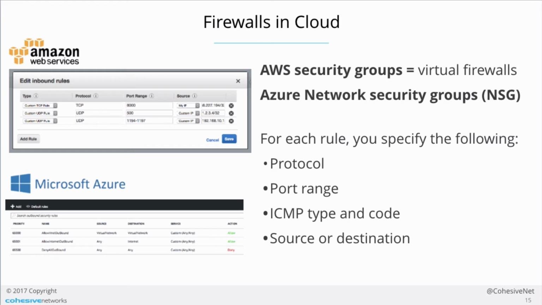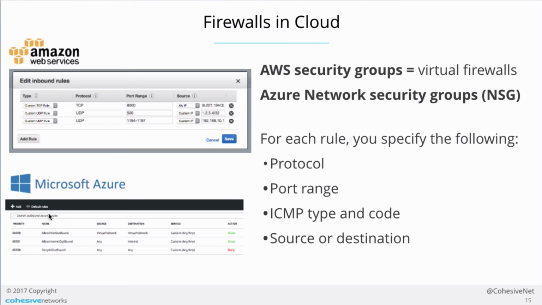So again, another cloud example, both AWS and Azure have the concept of firewalls. These are security groups or network security groups. In both AWS and Azure, you can specify protocol, port, ICMP, and your source destination for each firewall.